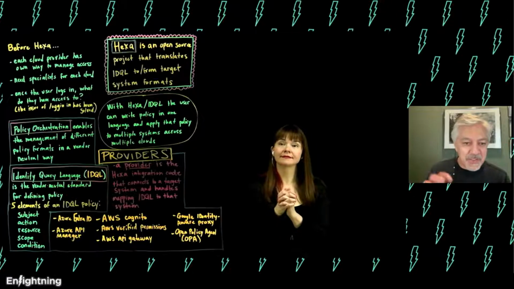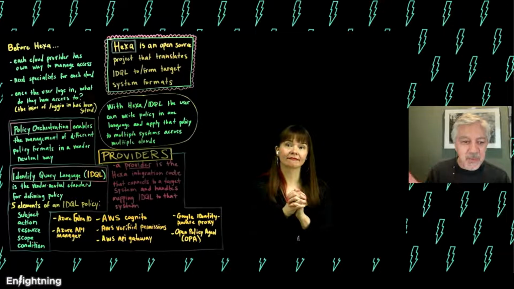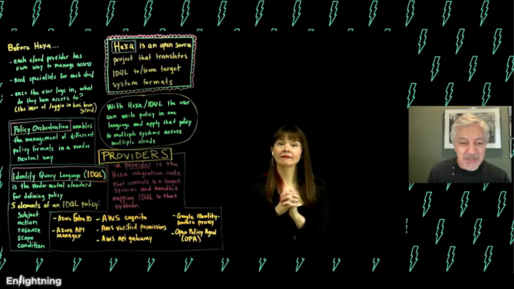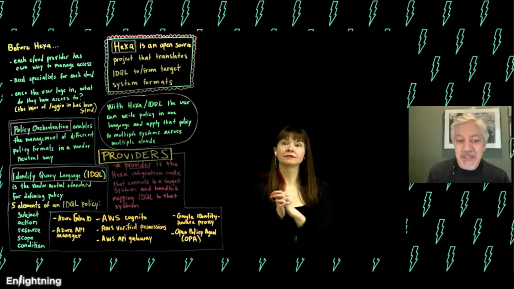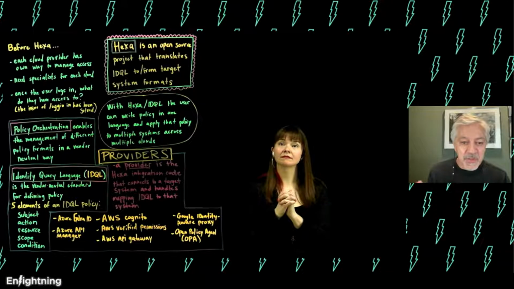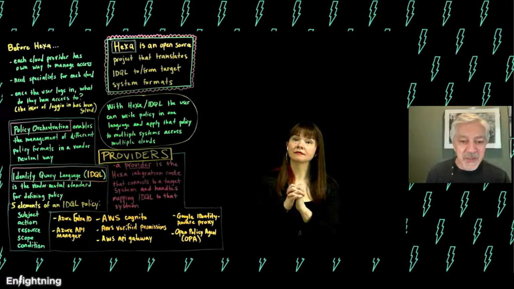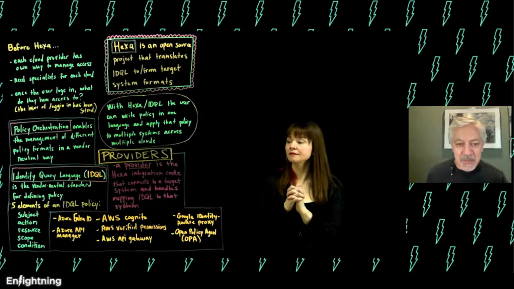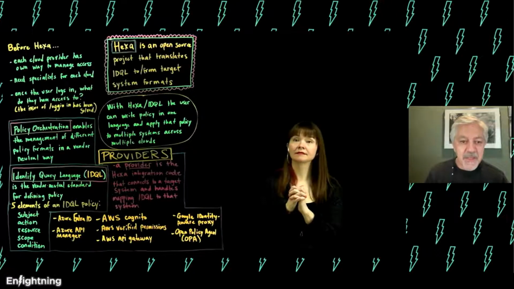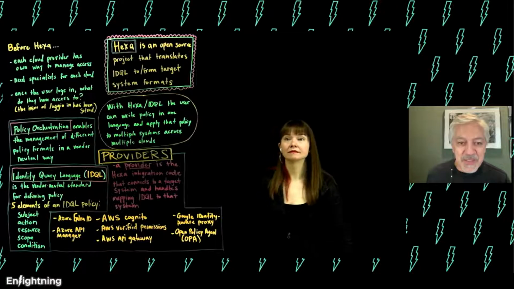So I might have that workload running in Azure and in AWS, and I need to have the access rules be the same. That would be an example where I could write those in IDQL and use Hexa to keep each system up to date and in sync, implementing the same rules across those environments, so that if I lose the primary system, I can immediately have the backup system ready to go, and I don't have to scramble to ensure it has the right rule settings.